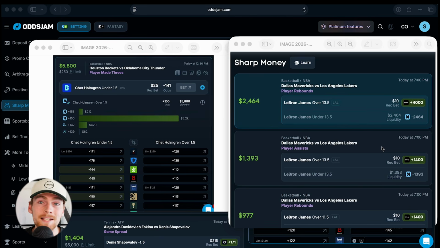This sharp doesn't even need to be 100% right. But if LeBron comes close to 13.5 rebounds, we are cashing his 6.5 rebound prop very easily. So these are also plays that you will see on the sharp money tool, is sharps altering the lines to get a higher plus money play or a bigger underdog. And you can take a safer line, just like we did with the Hawks spread. I did the same premise with LeBron James rebounds.